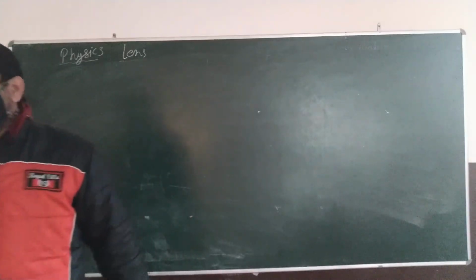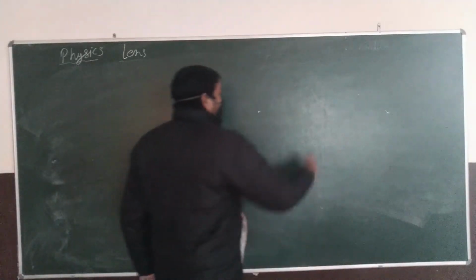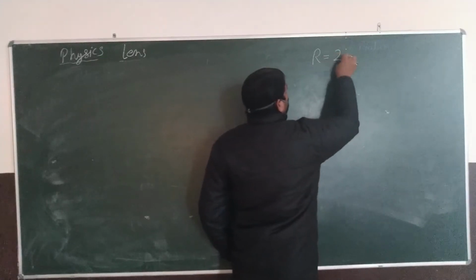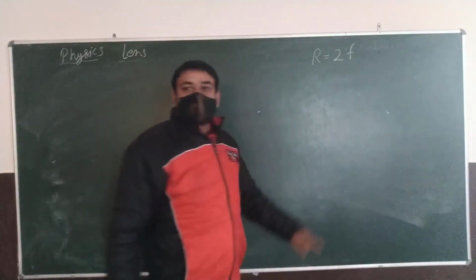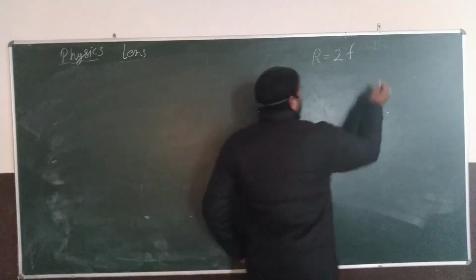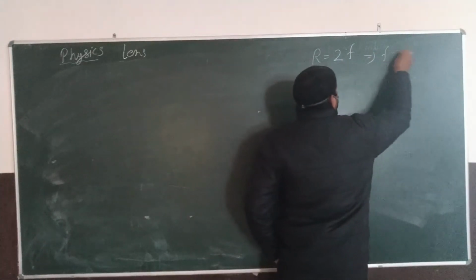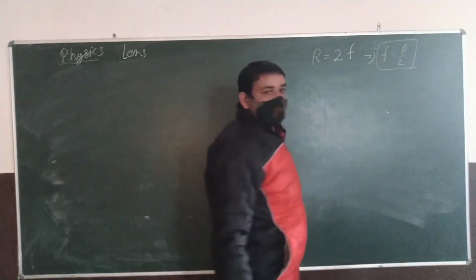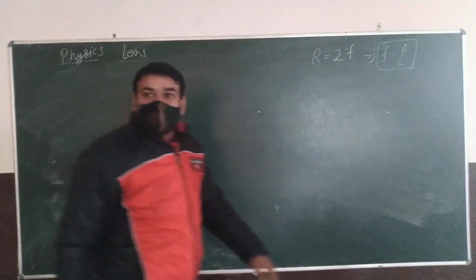Here we have two relations also: R is the radius of curvature, and the radius of curvature is equal to 2f, as you learned in your earlier class in 10th. Therefore focal length is R by 2, where R is the radius of curvature and f is the focal length of the lens.